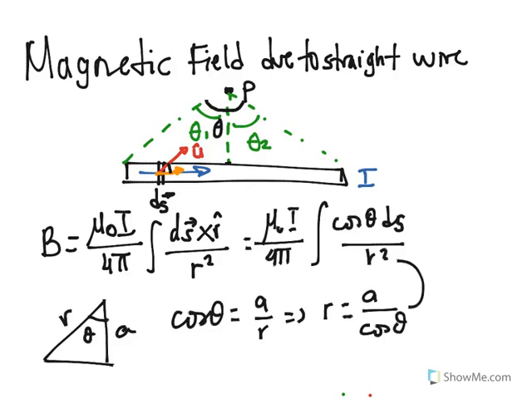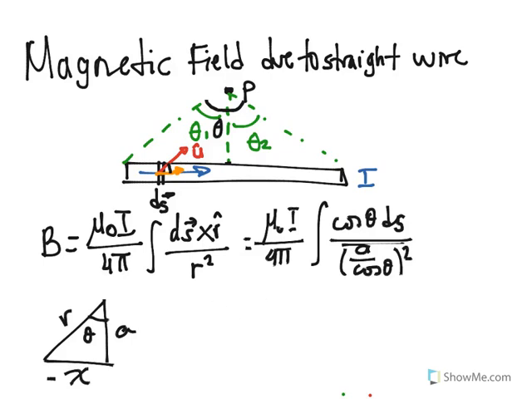This is in order to plug it in here. So at the very end, the integral will be over r squared, which is a over cosine of theta, squared. And we can cancel cosines. And this is x, or if we take the left triangle, it is minus x.